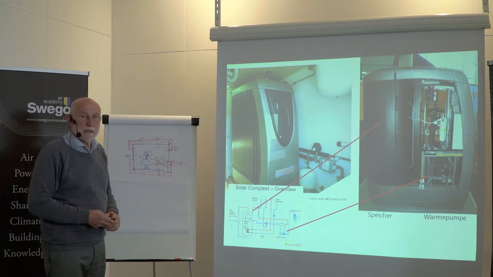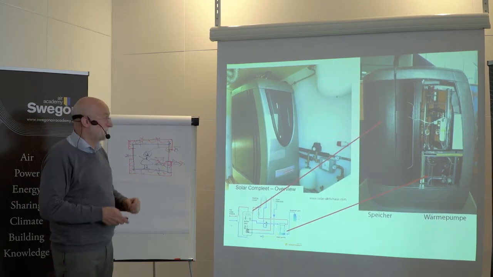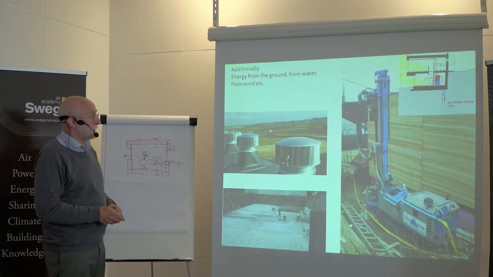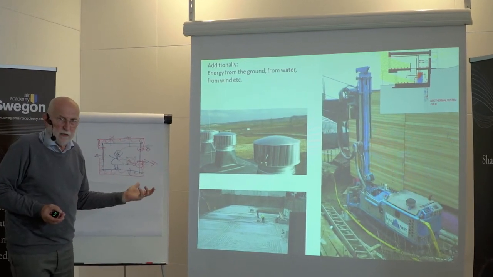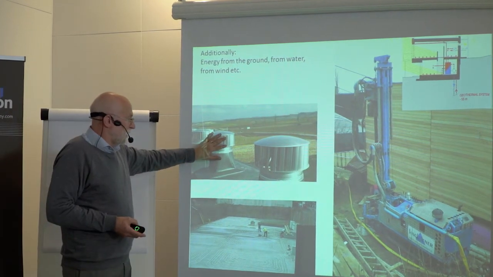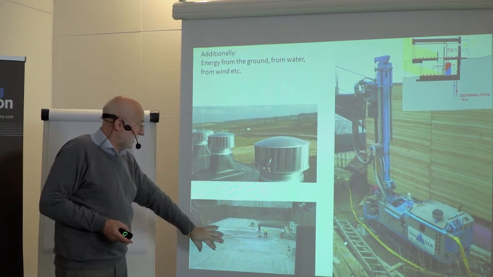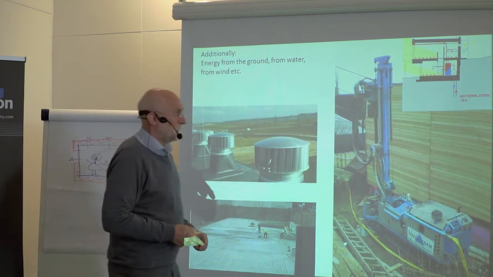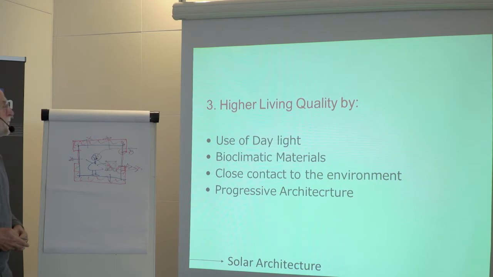It's a prefabricated package because plumbers sometimes make errors in installing it, and it can be installed without errors. Other resources we have on site, like wind, for these windmills, like underground or deep drilling geothermal energy.